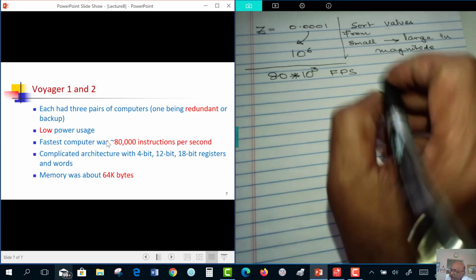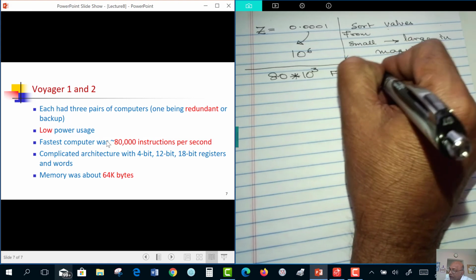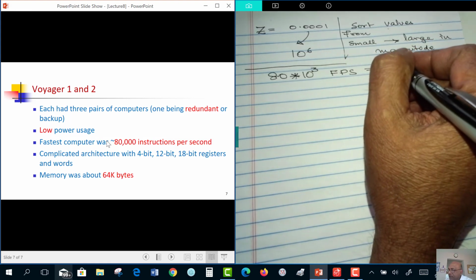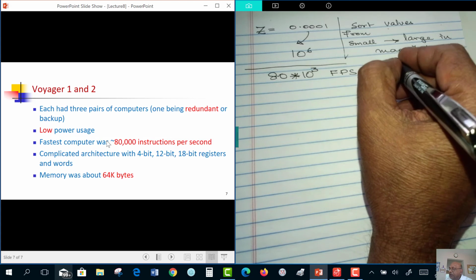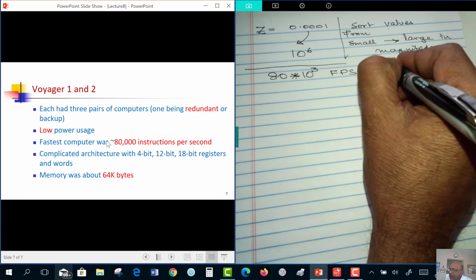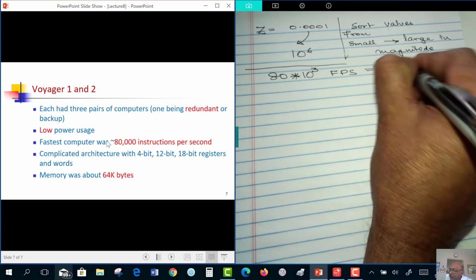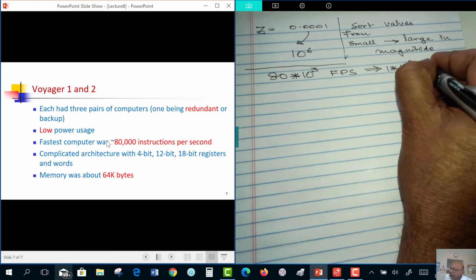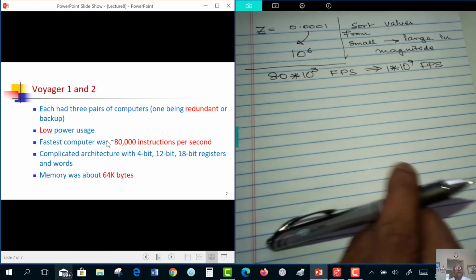Even your phone today, in comparison, would have at least a power of something like 1 giga, which would be 1 times 10 to the power 9 operations per second.